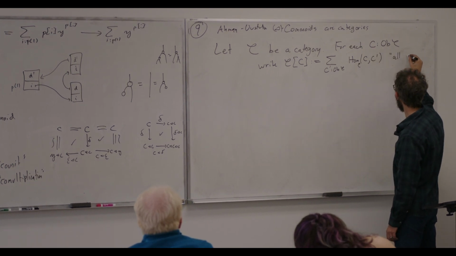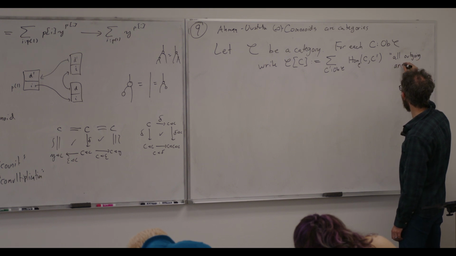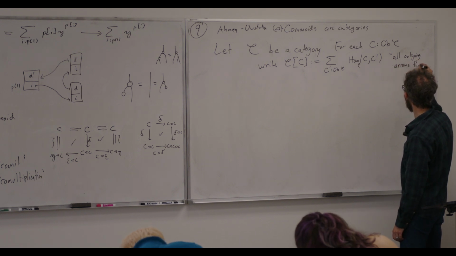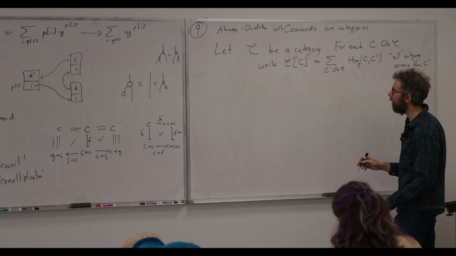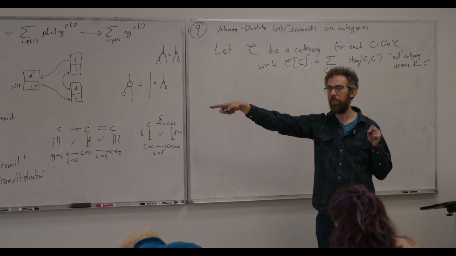All outgoing or emanating arrows from c. Okay? So C bracket c are all the directions out of c.